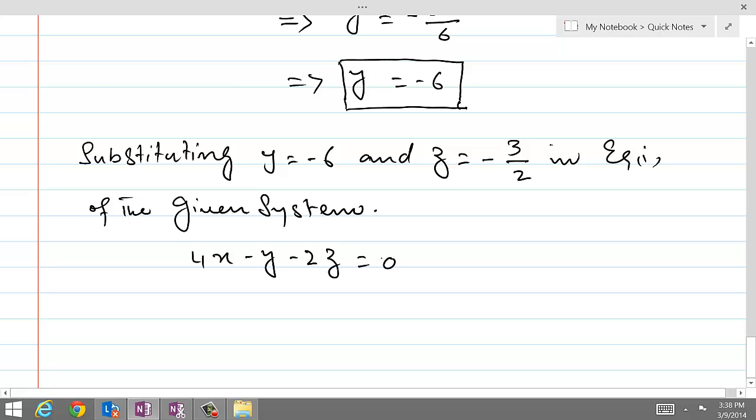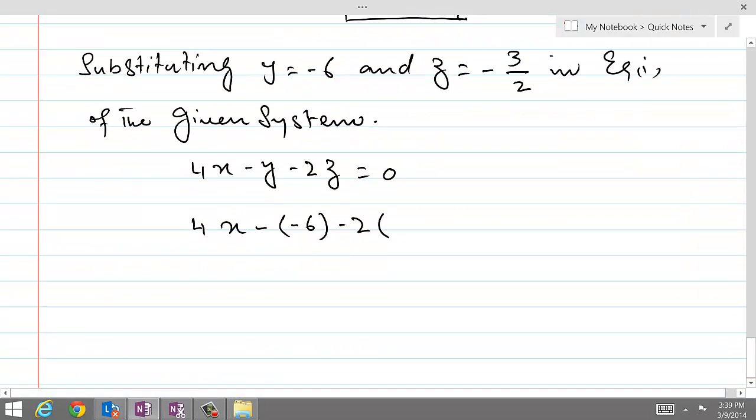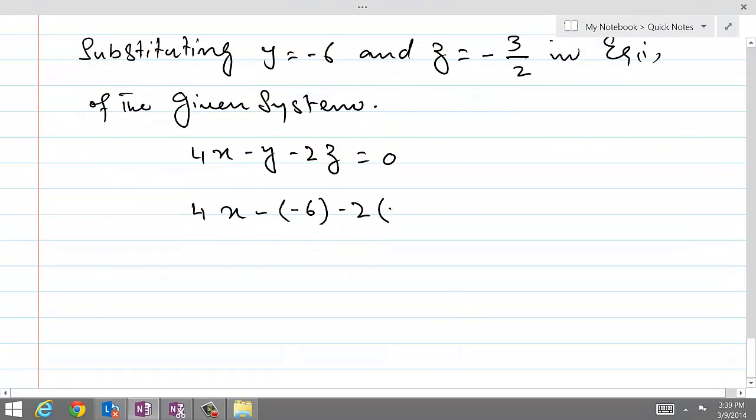So when we substitute these values for y and z, this will give us 4x minus, instead of y, minus 6, and minus 2 instead of z is minus 3 by 2, equal to 0.